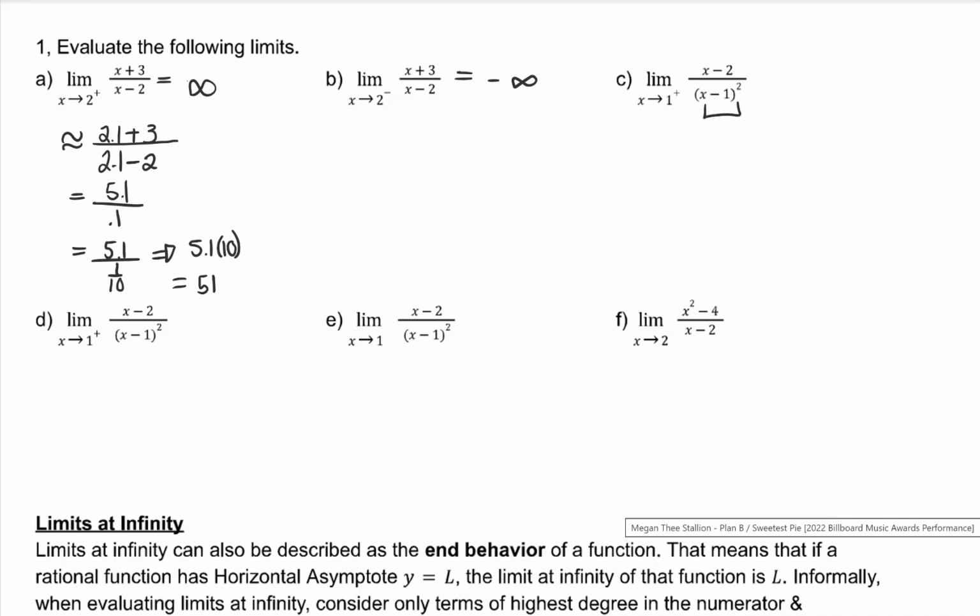Here we have an even vertical asymptote at 1. So when we're approaching 1 from the right, I'm going to plug in 1.1.